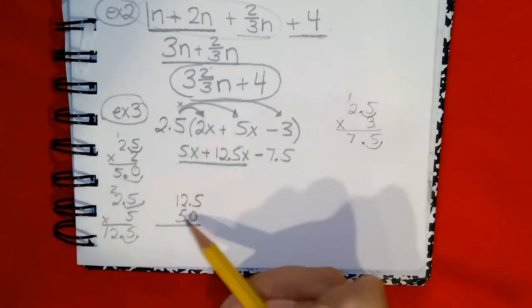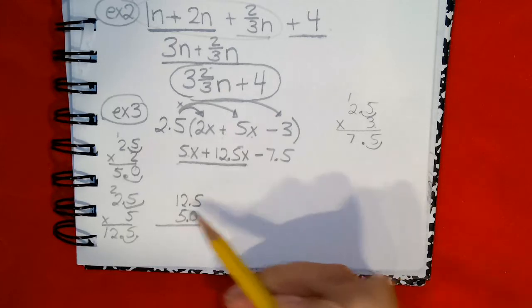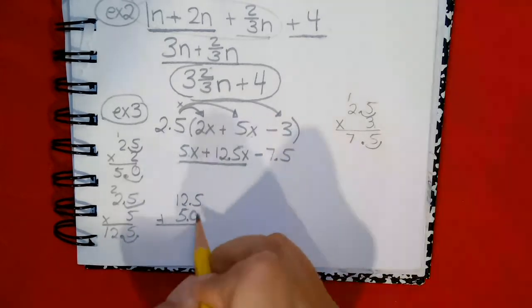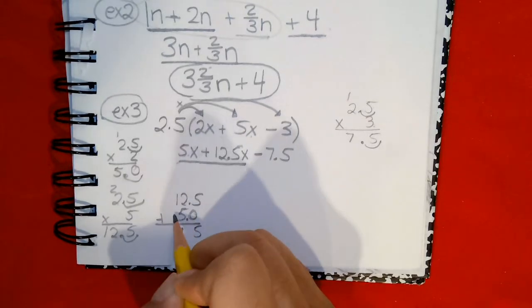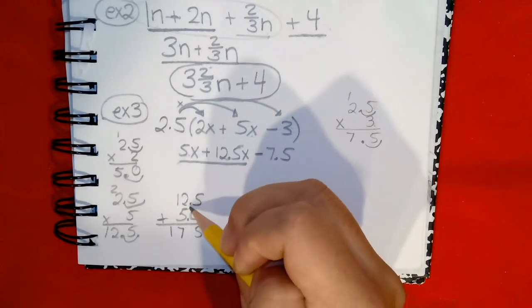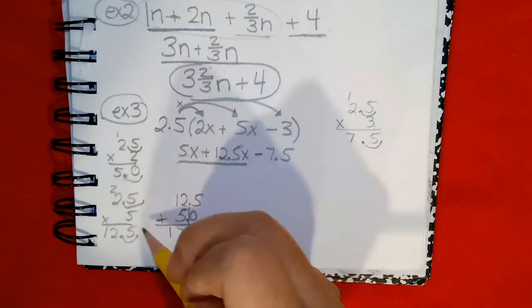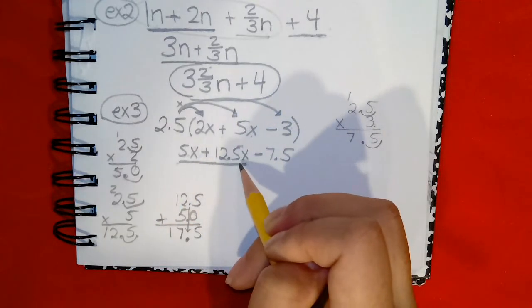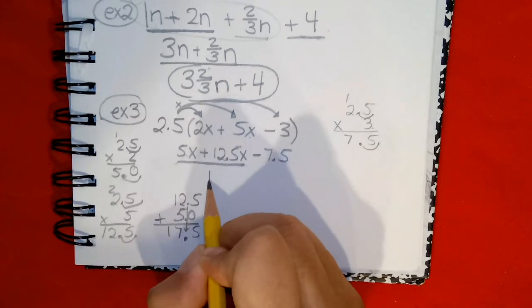So I have to remember not to put the 5 here in the tenths place. I have to put it over here. So 5 plus 0 is 5. 5 plus 2 is 7. 1 plus nothing is 1. And when I'm adding decimals, that's when I bring down the decimal point. So 5x plus 12 and 5/10 x is 17 and 5/10 x.